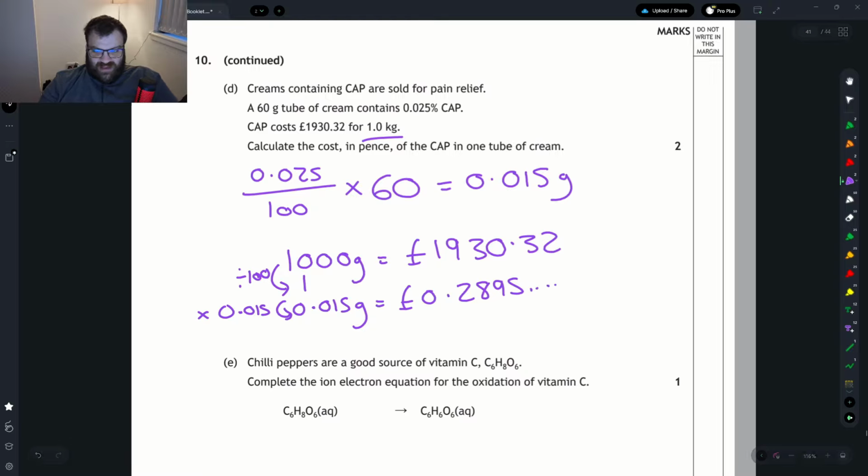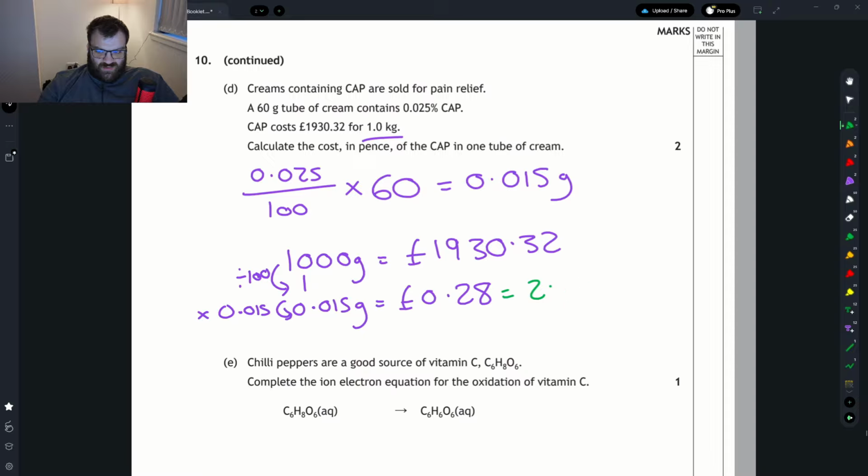Now we have to convert it into pence. So actually, I'm probably better rounding that right now to 2 decimal places. That would be £0.03. £1 is 100 pennies. Times that by 100 gives us 2.8 pence.